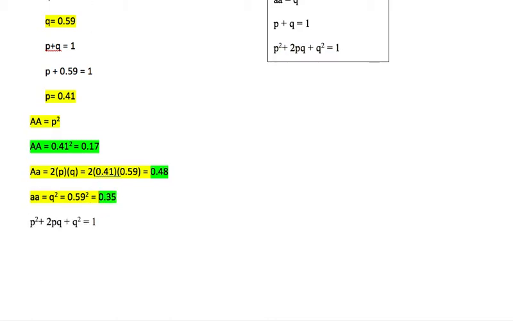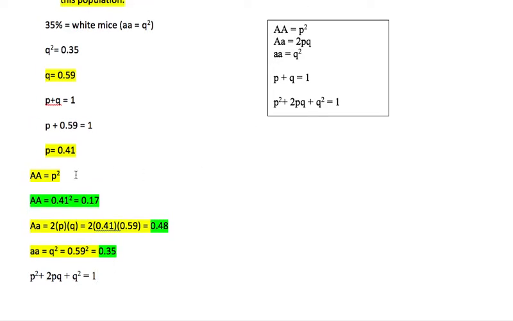And I'm going to highlight that one in green. So what we've calculated thus far is we have figured out that homozygous dominant is p squared. We squared p, 0.17. Heterozygous is 2pq. We multiplied that out. We got 0.48. And we figured out that homozygous recessive is q squared, which we did here, and that gave us 0.35.